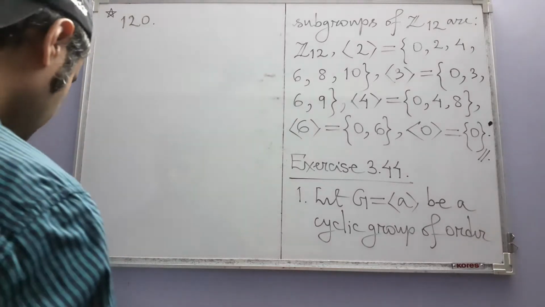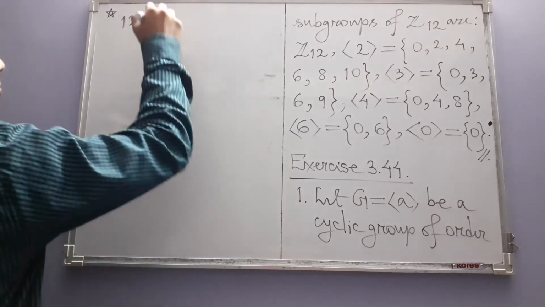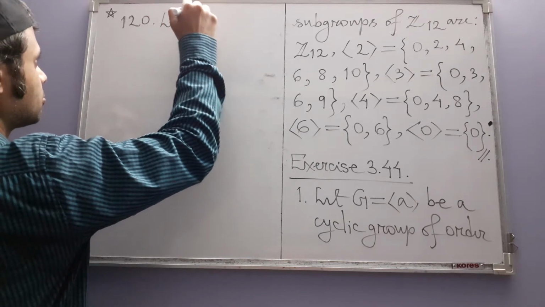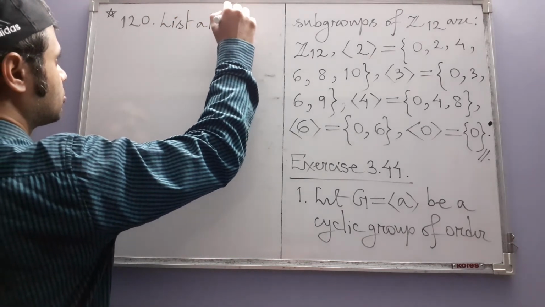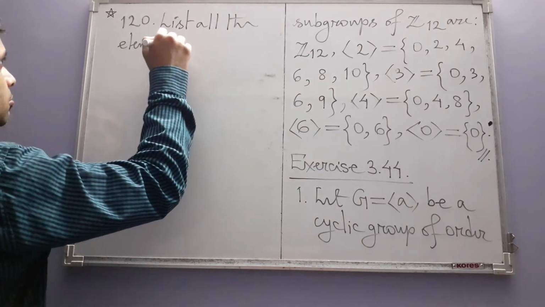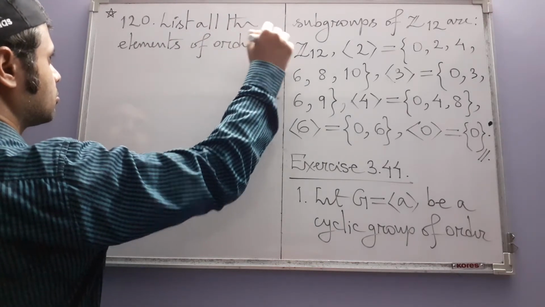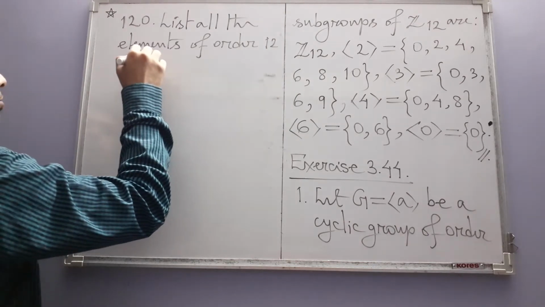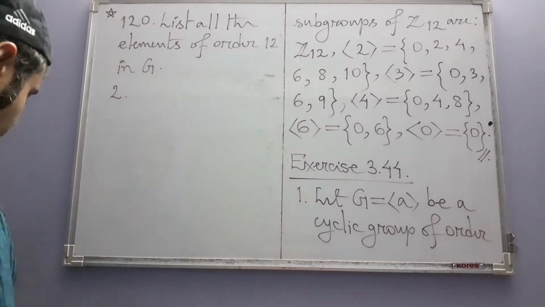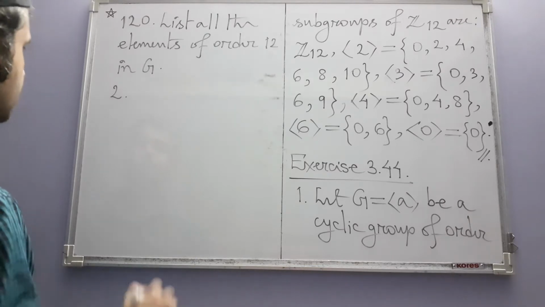List all the elements of order 12. This time we want elements in G. So that is part 1, and part 2 is this: how many elements of order 12 are there?